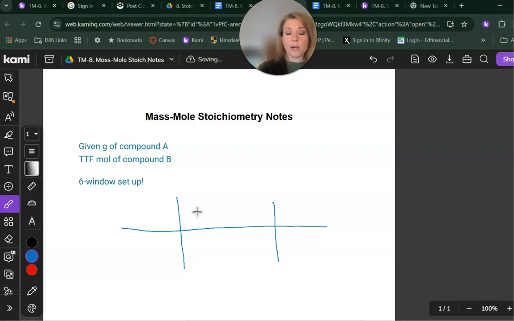in order to solve our mass mole problems, we are still going to put our given in the upper left-hand window.